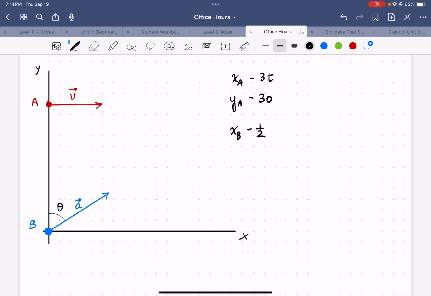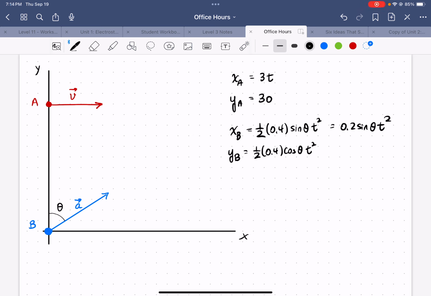The acceleration is given as 0.4, so that'll be 0.4 sine theta t squared, or 0.2 sine theta t squared. The y position will be something similar. That'll be 1/2 multiplied by the acceleration times cosine theta t squared, which is 0.2 cosine theta t squared.